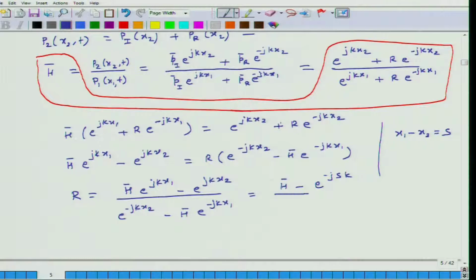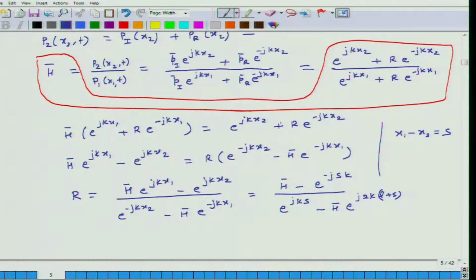Okay, and in the denominator I get e, again I am dividing this new denominator also by e^(jkx1), so I get e^(jks), and then minus H bar, and then I get e^(j times 2k(L plus S)).